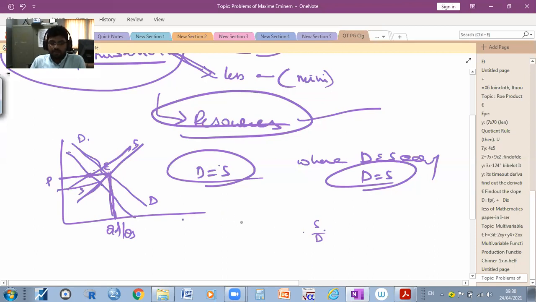Therefore there is no further tendency to change from one equilibrium point to another when there is only one force. Sometimes, as we studied, changes in demand can cause changes.